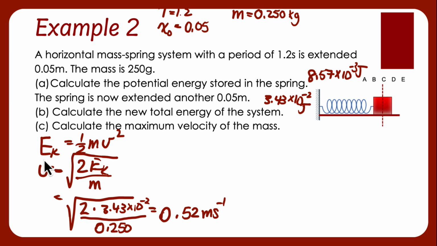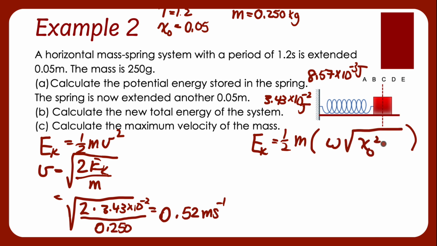I want to point out one more thing. So yes, I can use this equation, kinetic energy is 1/2 m v squared, but remember we also have this. Kinetic energy is going to be 1/2 m, and I know how to calculate my speed depending on where I am. From our data booklet, we know that v equals plus or minus omega square root of x naught squared minus x squared.